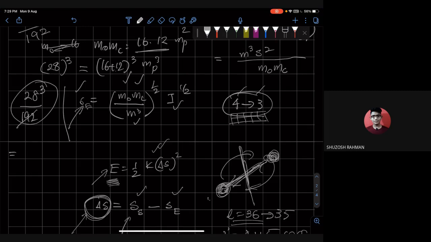The whole thing, 343. Okay, so the numerator is 343 by 3. That doesn't actually match. So did we make a mistake in this calculation?